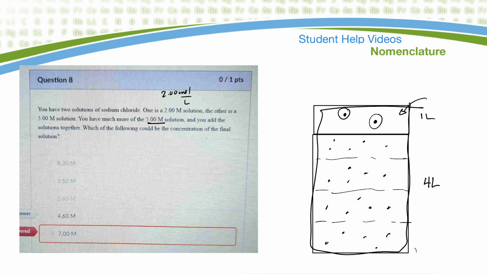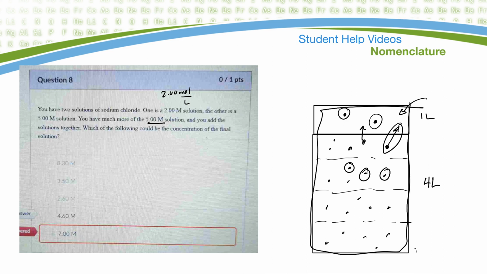Then as these start filtering this way and looking for more room to wander, there's more room for each one of these moles to be in. In other words, the concentration has to go down.